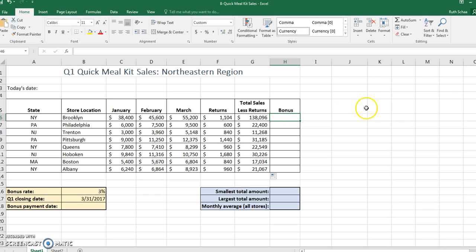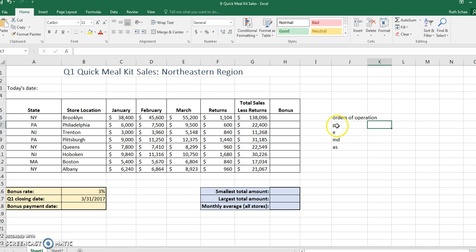This is where you have to remember about order of operations, and they're also talking about absolute cell reference. Remember with your order of operations, this goes back to math class. And that is, please excuse my dear Aunt Sally.